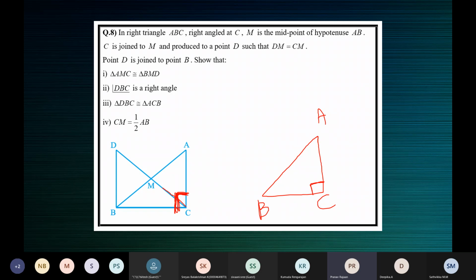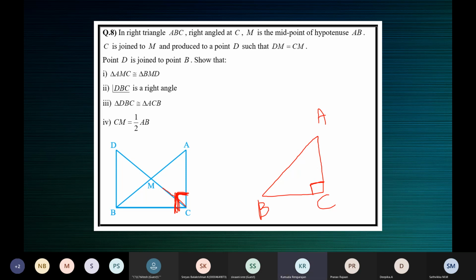Yes, ma'am, because AB and DC meet at M. So M is a point common to both AB and DC. M lies on AB. M also lies on DC.